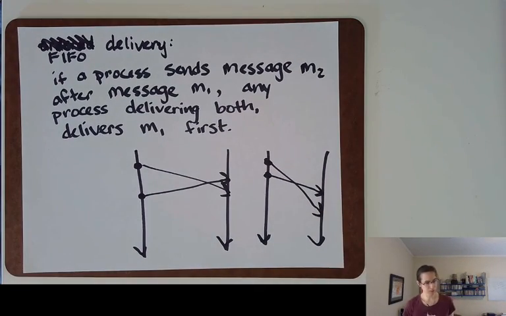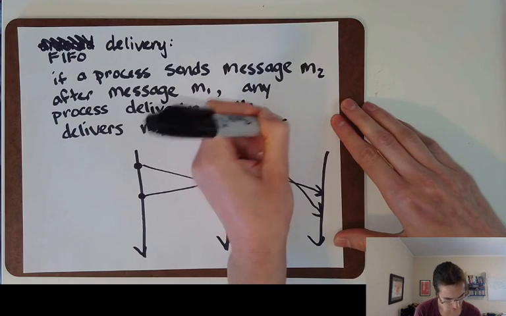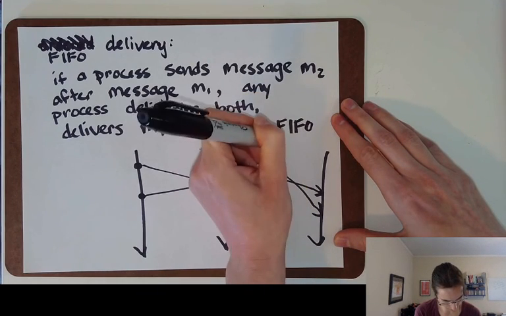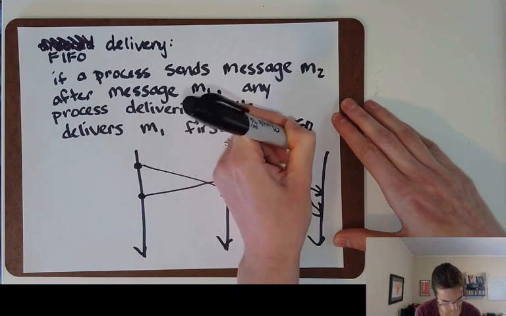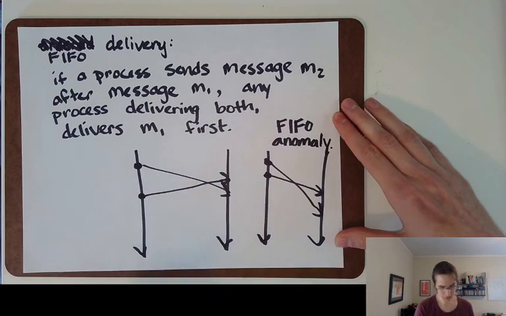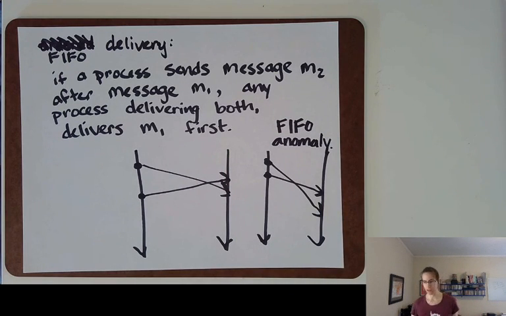So this is an example of a FIFO anomaly. FIFO delivery says that this particular anomaly won't happen. We'll talk a lot more about this next time because we're almost out of time. We're also going to look at some other examples of delivery guarantees that you might want to try to ensure.